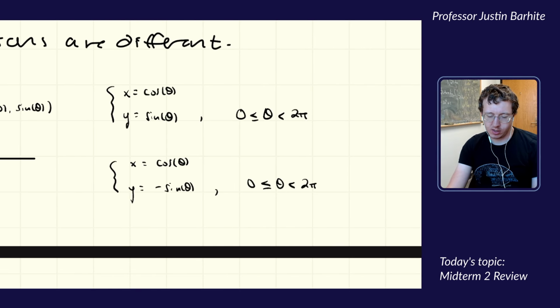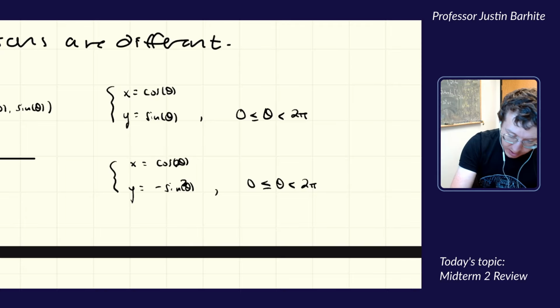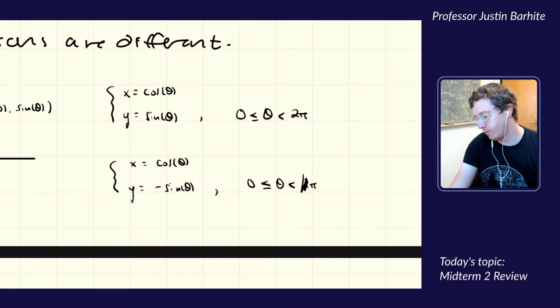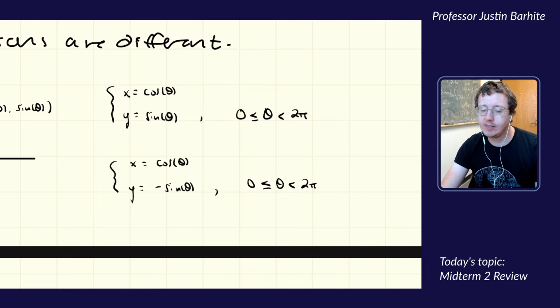So that's one change I could make. I could also do things like putting a constant multiple inside there, like make it 2 theta, and then I'd only need to go up to pi on the angle. That would go around twice as fast.